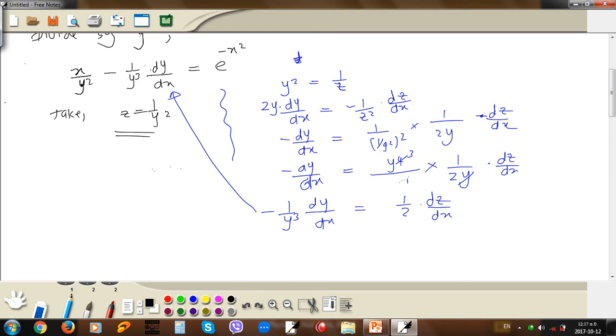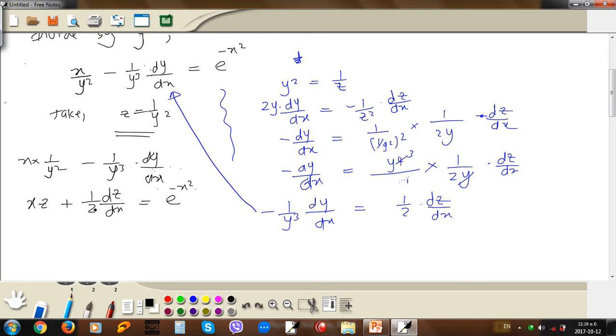So here we can write x multiplied by 1 over y squared, minus 1 over y to the power 3 times dy by dx, right? Then x times z I substitute here, and instead of this term we can write plus half times dz over dx equals e to the power minus x squared.